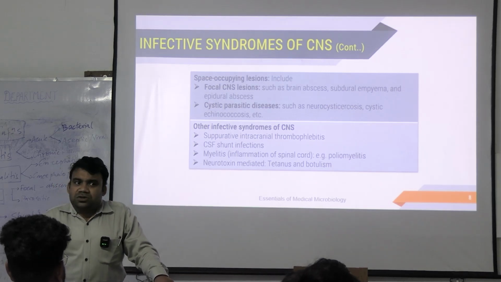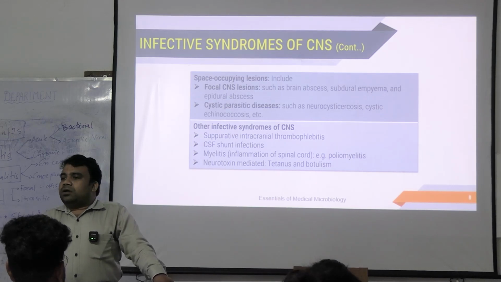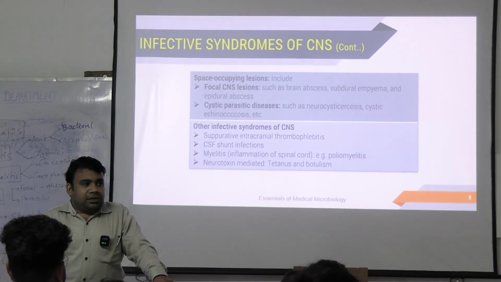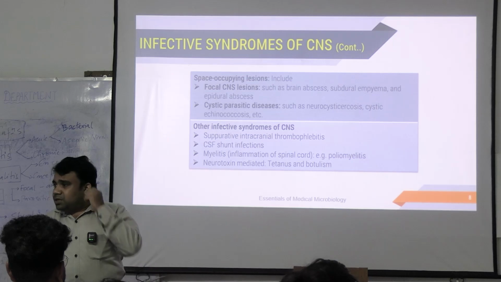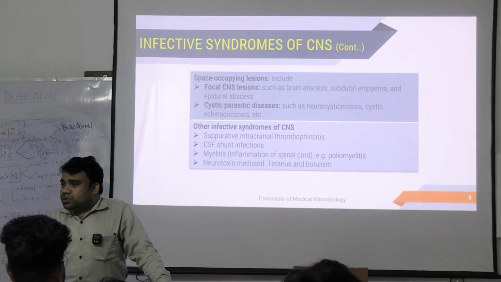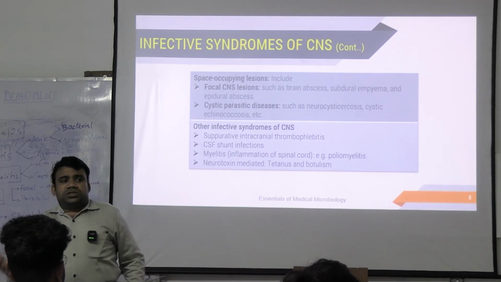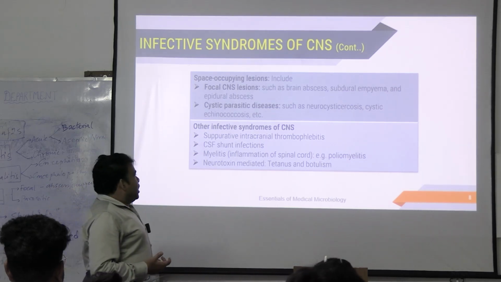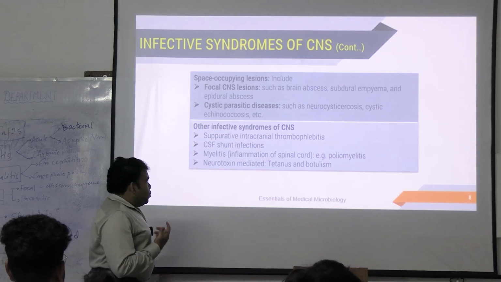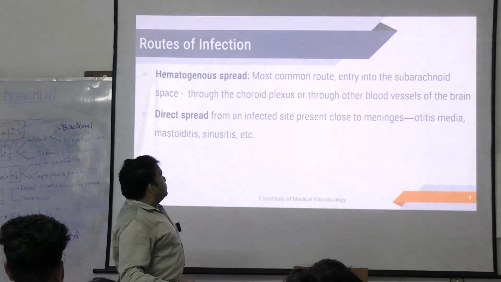It itself does not cause much pathology, but as the larva grows, it may cause a direct pressure effect, and sometimes the larva may die and its internal fluid come out, which may cause various CNS effects. Those may include seizure activities. And finally, I've already told you about the shunt infections, myelitis, and toxin-mediated disease.